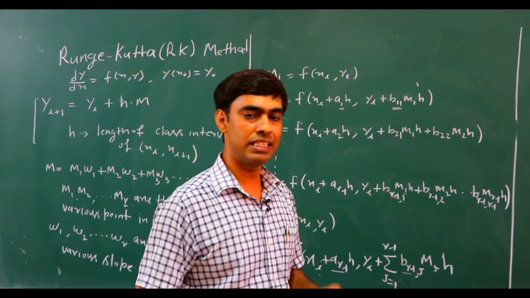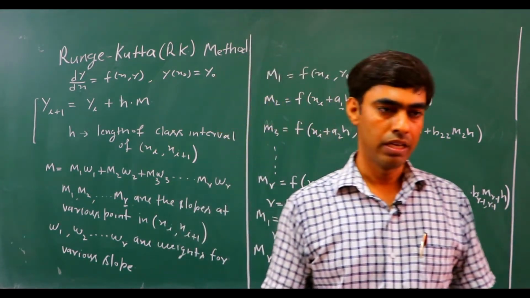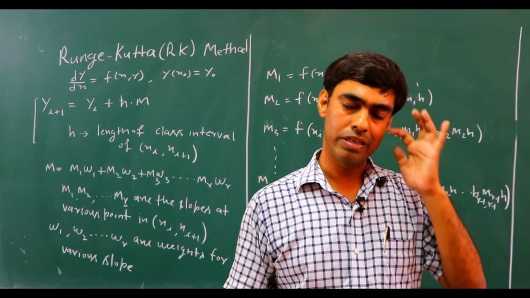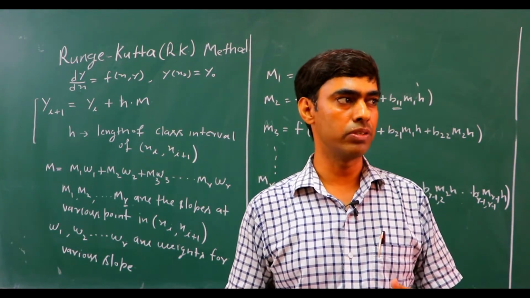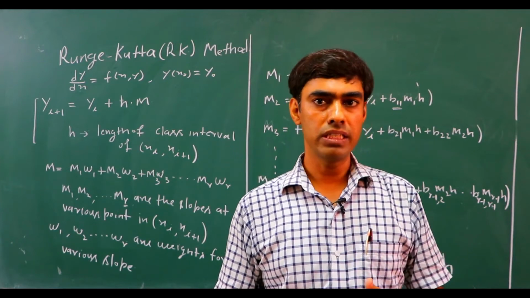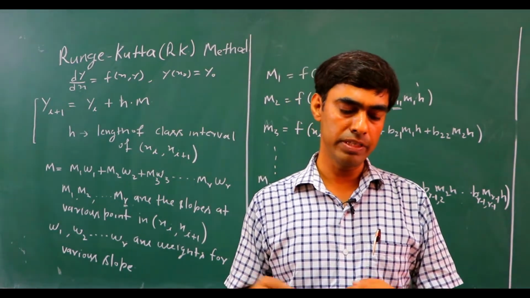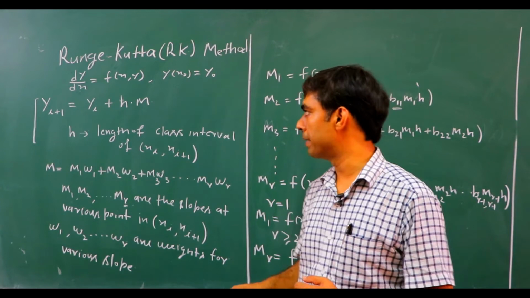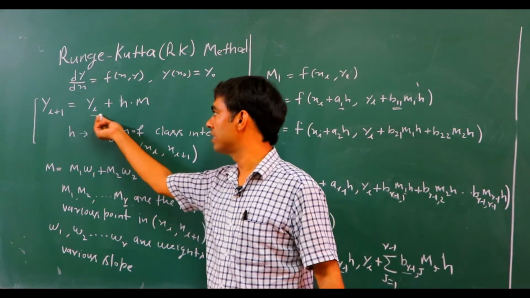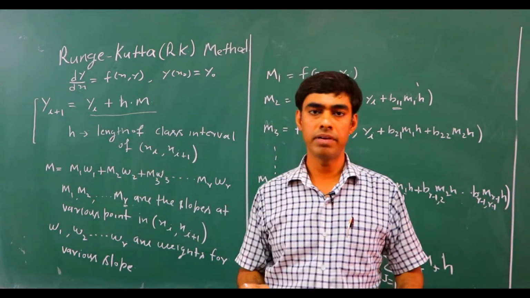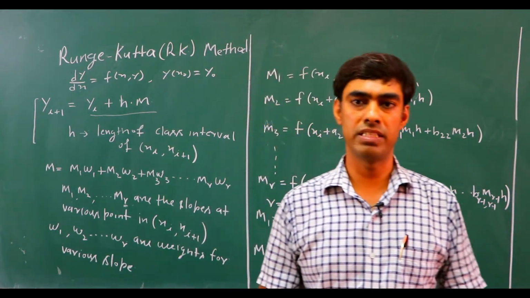So how do we find these constants? Now we see how we find these constants. To find a constant, here we assume that the right hand side we have according to the Taylor series expansion.